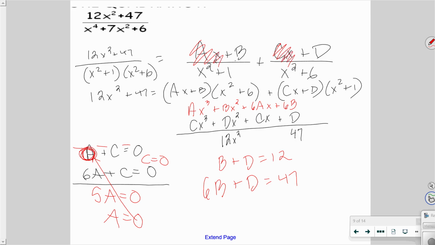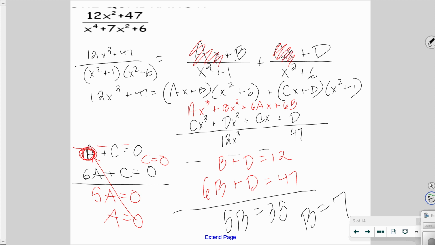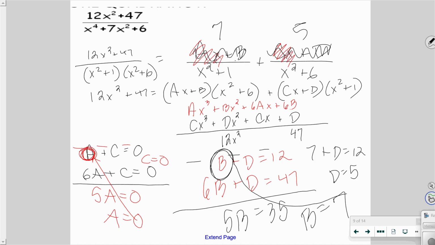So I'm going to do simultaneous equations by multiplying the top one by a negative. You get 5B equals 35. B is 7. So if B is 7, I'm going to plug it in, and D is 5. So then my final answer: 7 over x squared plus 1, 5 over x squared plus 6.